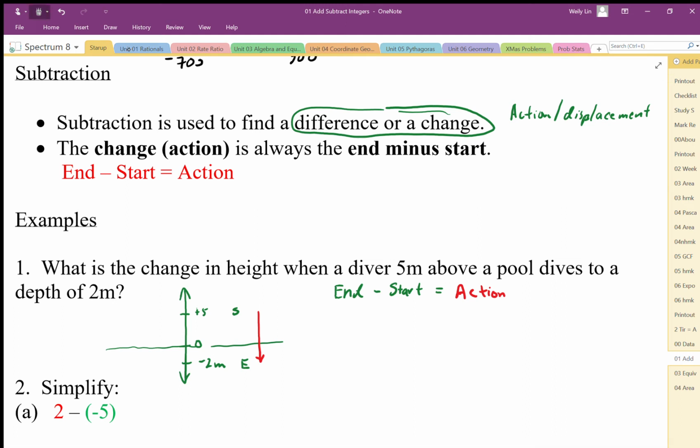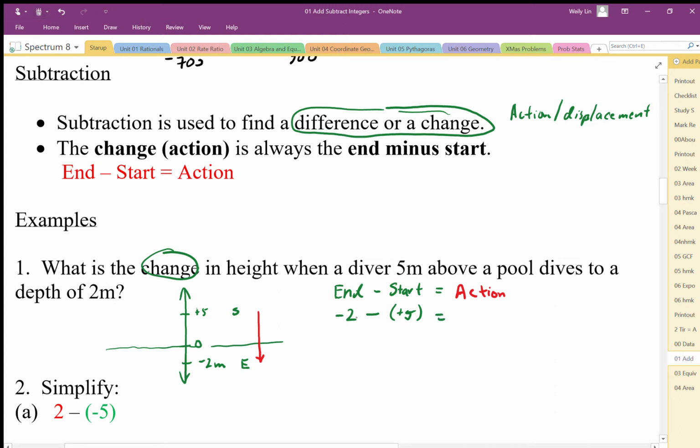So let's start with our end position here. We're going to end at -2 meters, and then we're going to subtract because we're looking for the change. Subtract means change, or change means subtract. So we're going to subtract the starting position of +5. If I do -2 minus +5, I'm going to end up with the action, which is going down 7.